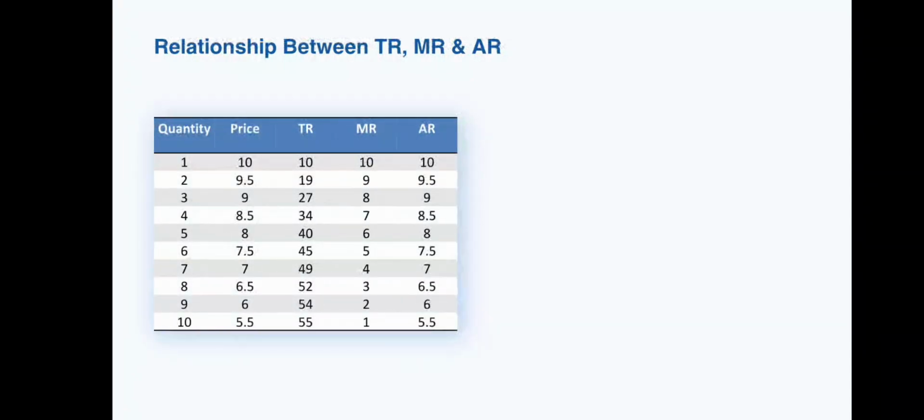Now we shall look into the most important part, the relationship between TR, MR and AR. And for that we have taken a data table. We see that in the data table we have taken a quantity increasing from 1 to 10 and we have associated a price that falls as the quantity increases. Then from the formula provided earlier we calculated the value of TR.